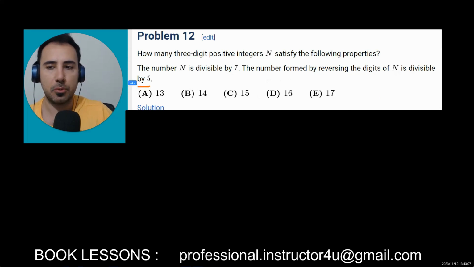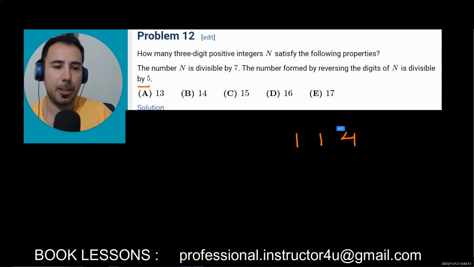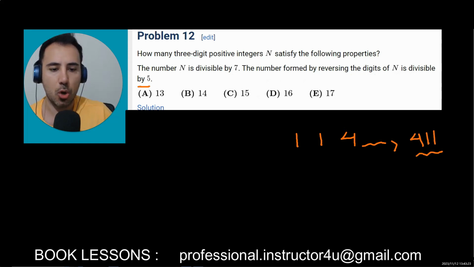So let's just write a number. For example, I'm just going to write a 3-digit random number. If I reverse this one, it becomes 411. Is 411 divisible by 5? No. So this digit is becoming this digit.